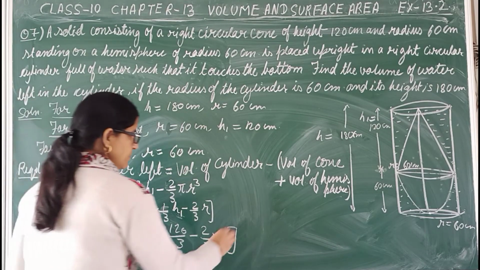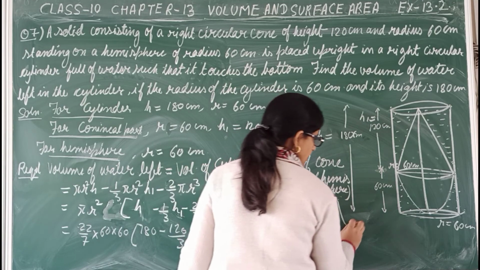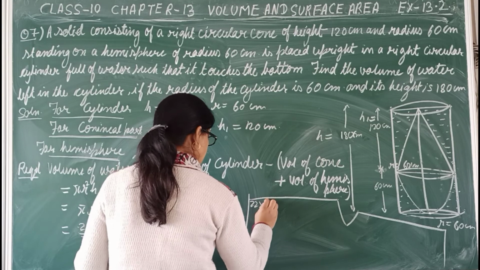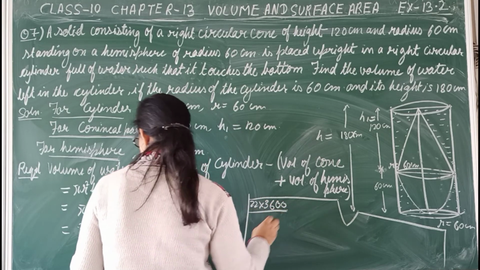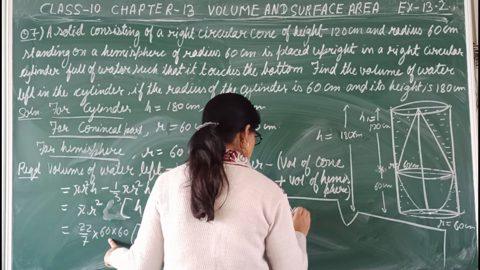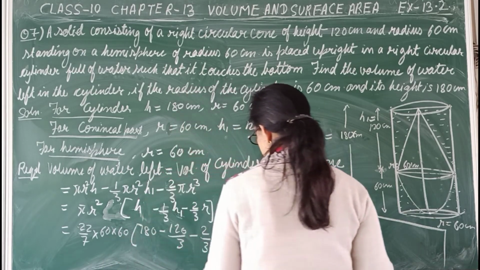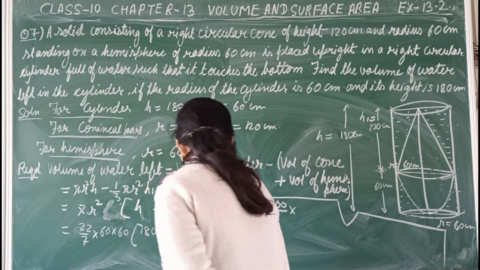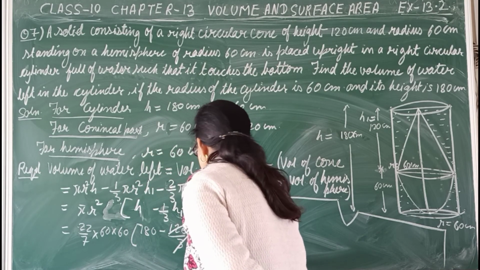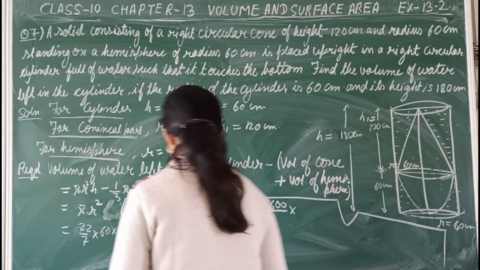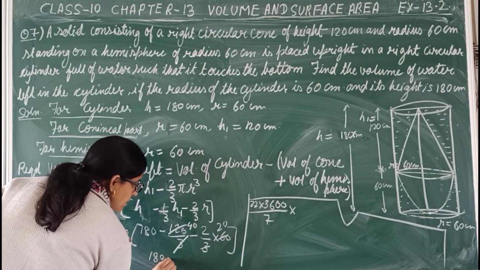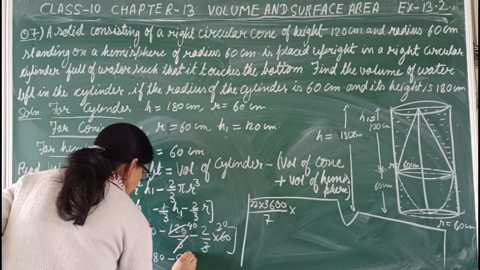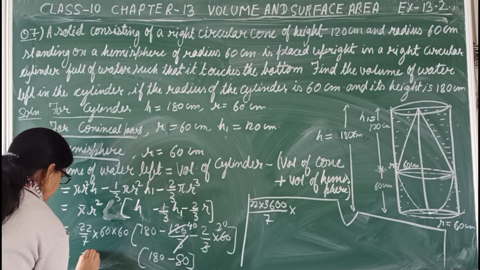Now we will do the calculation right here. So this is 600 by 7 into, over here 3 4 and over here 3 2. So 180 minus 40 minus 40 is 80, and then same thing copy.